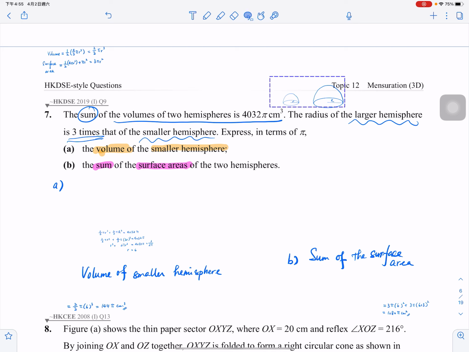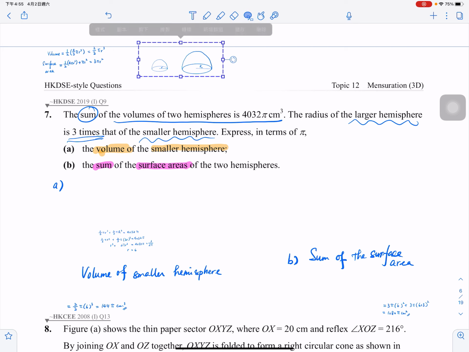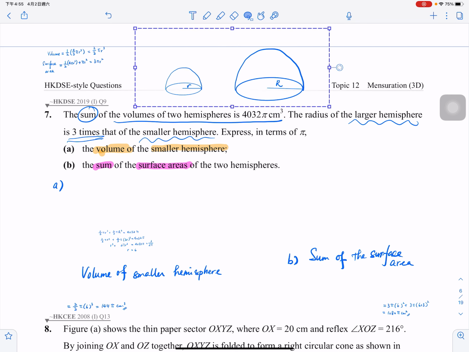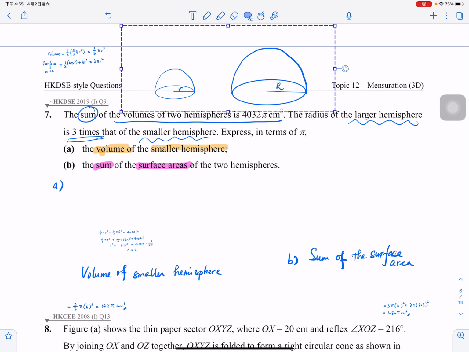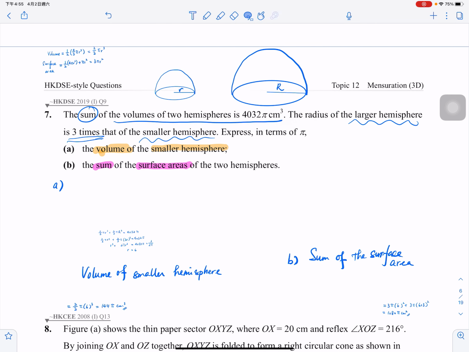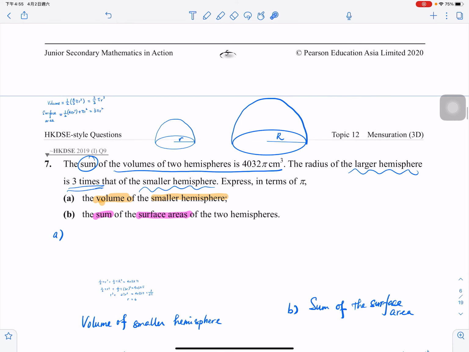So again, I will roughly draw these 2 hemispheres like this. Not so beautiful, right? But you understand. So you can also draw and then help yourself. Here is the small r, and you know that the big R, the larger one, is 3 times that of the smaller one.